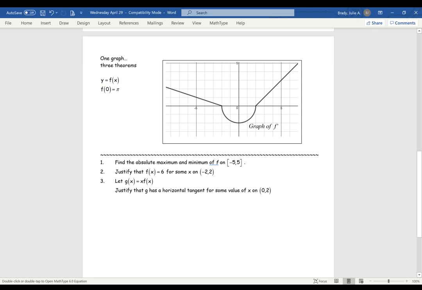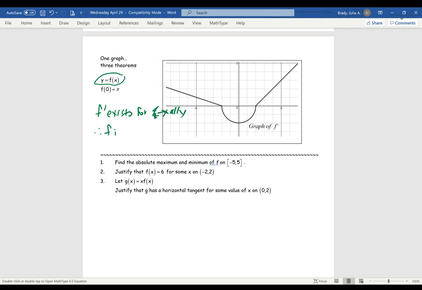Okay, so the first thing we have to do is make sure that to use any of the three theorems, we have to show that this function f is continuous. So what can we say? We're going to say that f prime exists for all x.